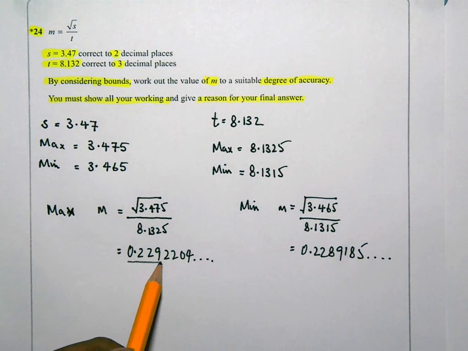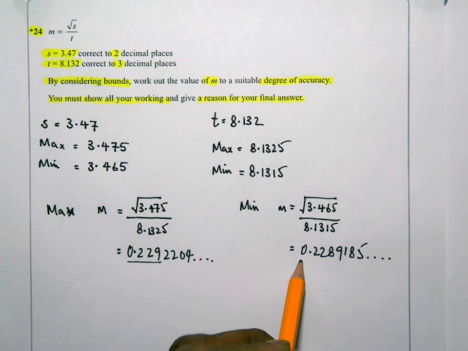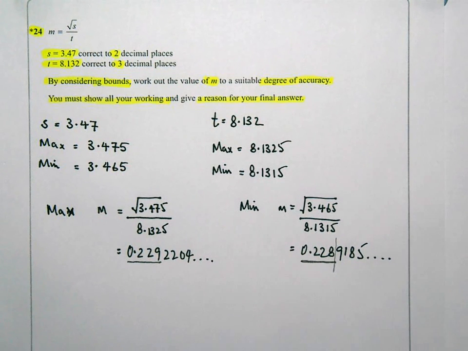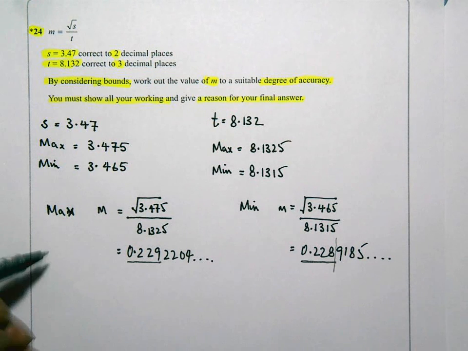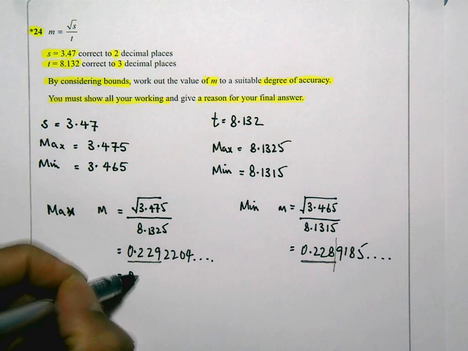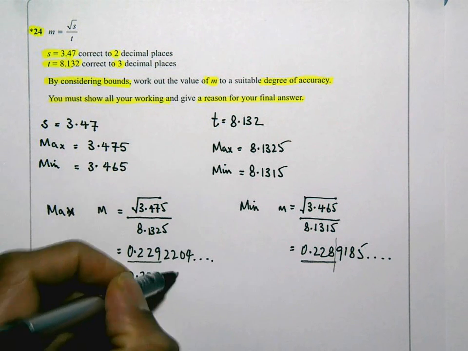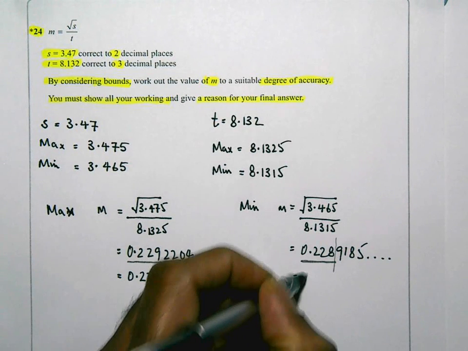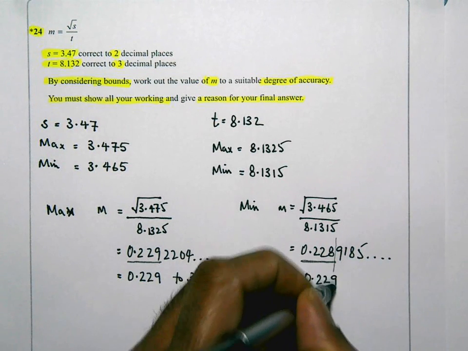And if I put this to 3 decimal places, it would also be 0.229. So I'm going to put this is 0.229 to 3 decimal places, and this is also 0.229 to 3 decimal places.